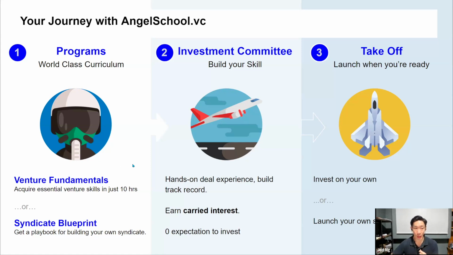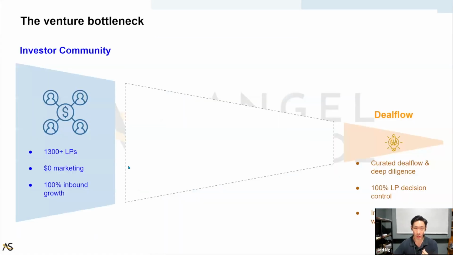Because if you think about venture bottlenecks, it doesn't matter if you're an angel investor, a syndicate lead like myself, or even a VC fund, everybody has a bottleneck. The bottleneck is actually human capital.